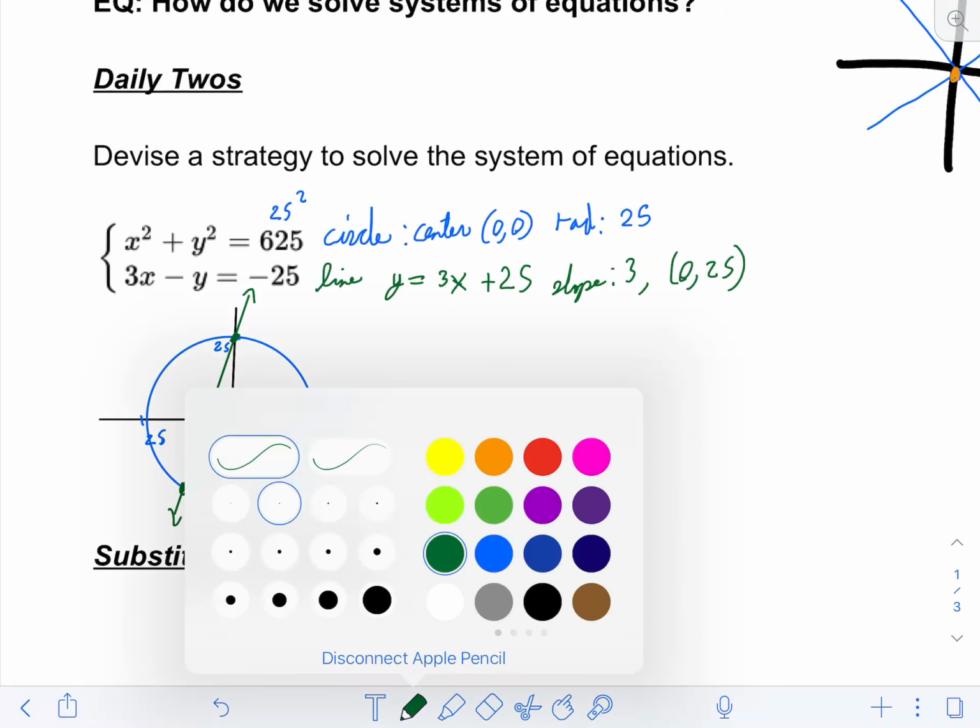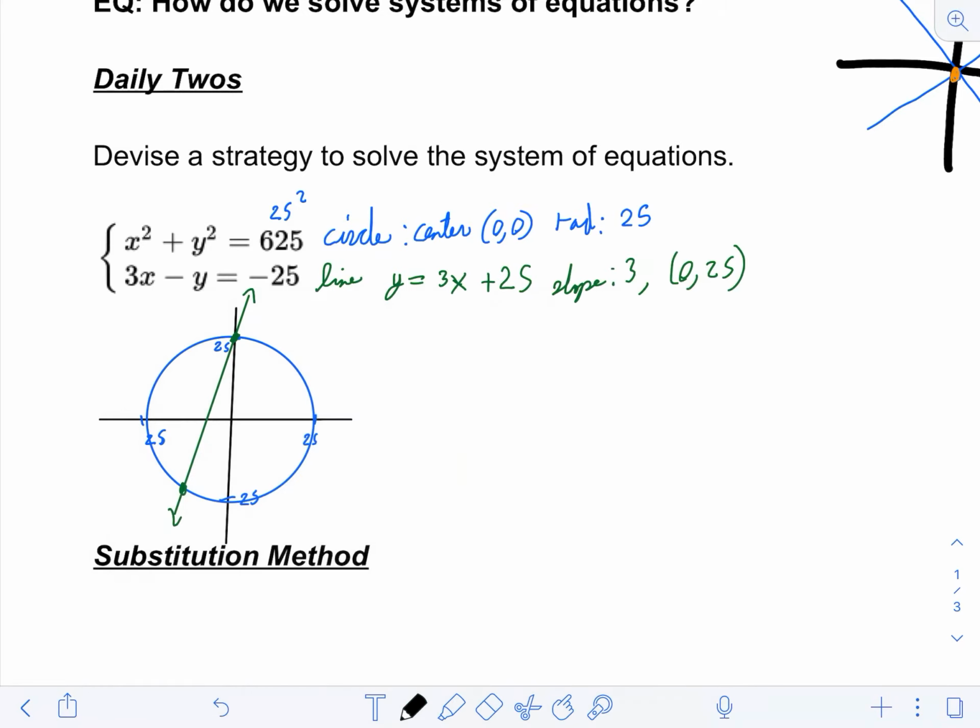Now, let's go ahead and see if we could solve this algebraically. I'm going to rewrite the equations. We've got x squared plus y squared equals 625. And I'm going to rewrite this as y equals 3x plus 25.